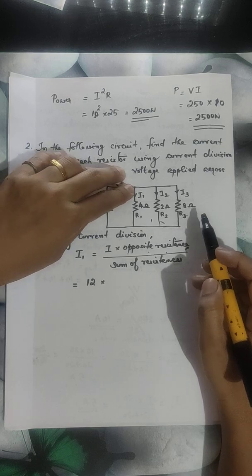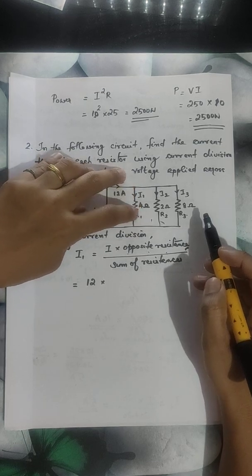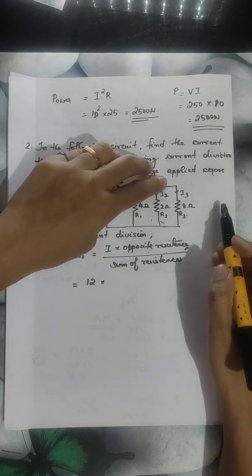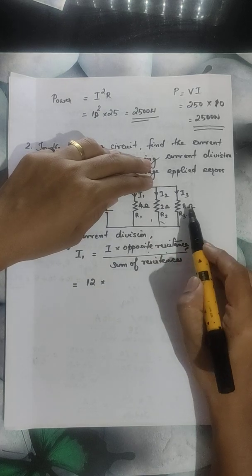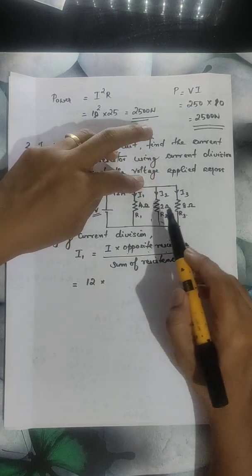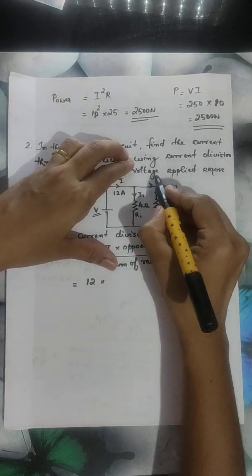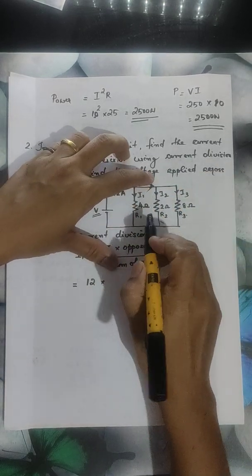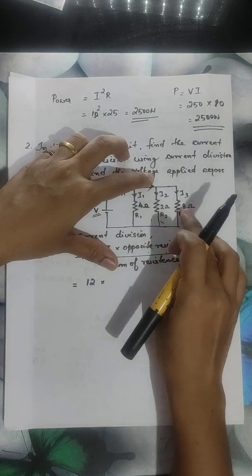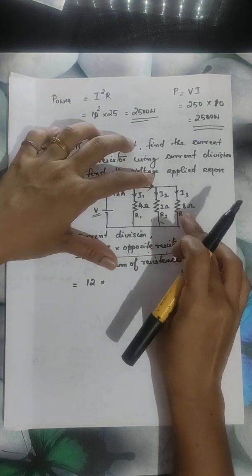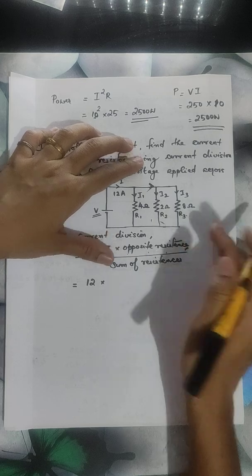So here we are considering the current through this 4 ohm. So other branch means these 2 ohm and 8 ohm in parallel. So this is one branch and this is the other branch. Current flowing through other branch is this current, that is current flowing to the parallel combination of these two resistors.